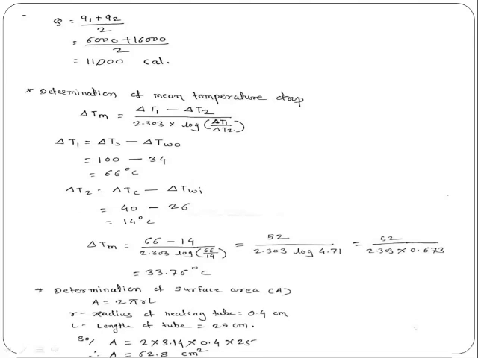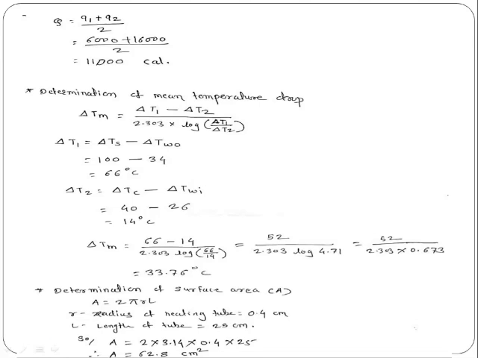Therefore, delta T1 becomes 66. Delta T2 is the difference between the temperature of condensate and the temperature of water inlet, and the value of delta T2 is equal to 14 degrees Celsius. Then by putting the values into the equation, delta Tm becomes 33.76 degrees Celsius.